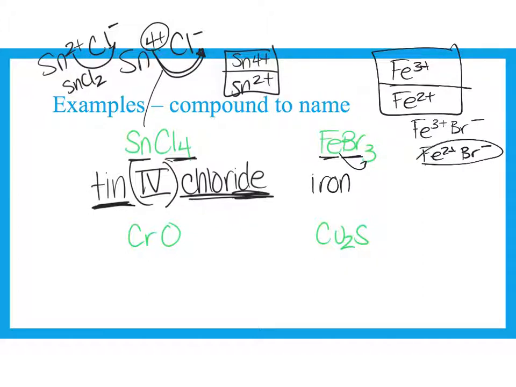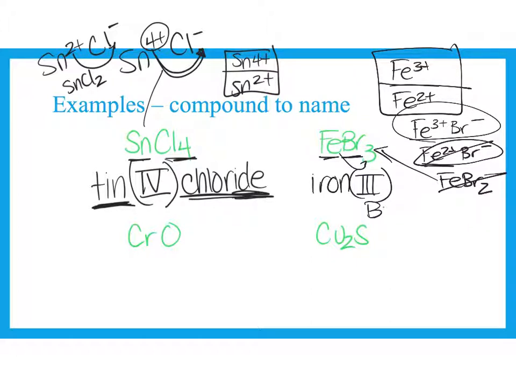Well, if it was this combination, I would get FeBr2, and that does not match that. So it's not Fe2. That means that it's iron 3. I would write bromide after. Okay, next is CrO. So Cr is for chromium.